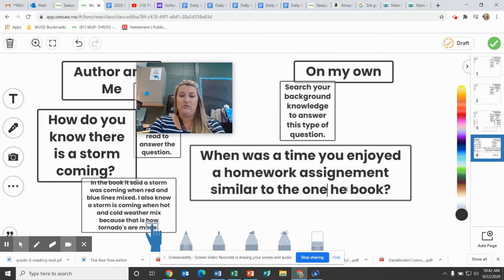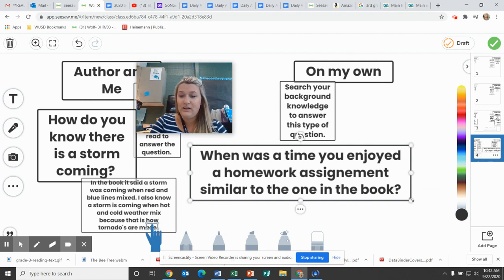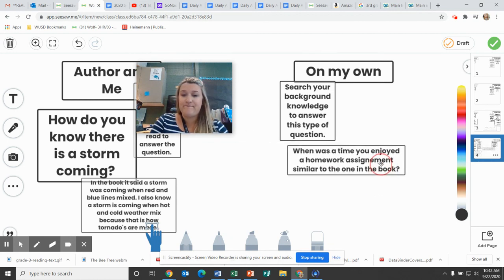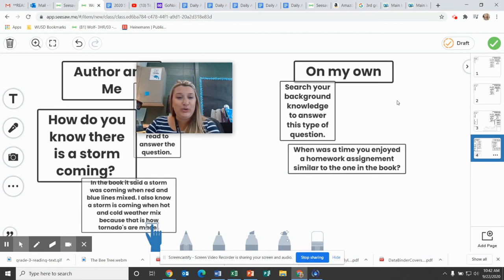Similar to the one in the book. And you need to answer that today in Seesaw, okay? When was the time you enjoyed a homework assignment similar to the one in the book? That is going to be your on your own question that you need to answer today.